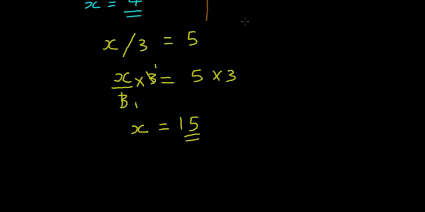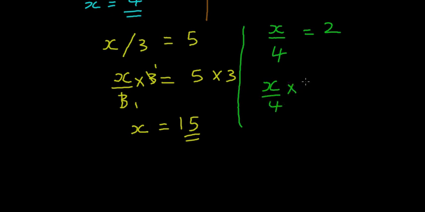Let's see another example by the side. Let's solve another example where you have x over 4 which equals 2. x over 4, you multiply by 4 to eliminate this.